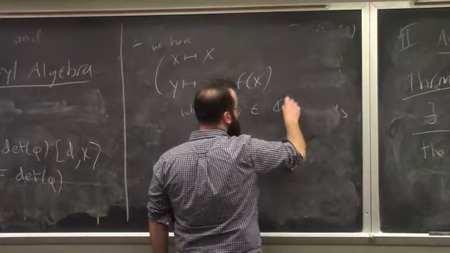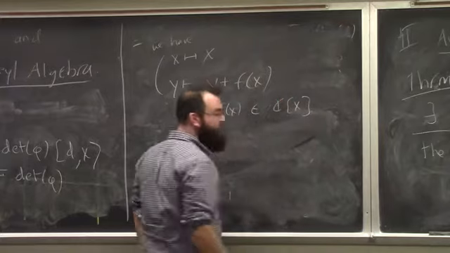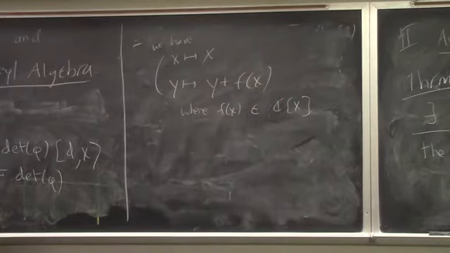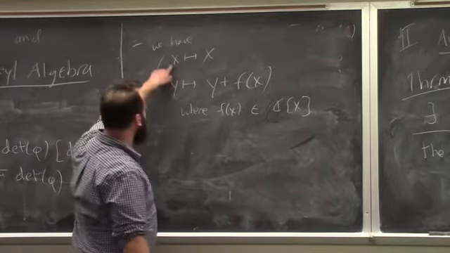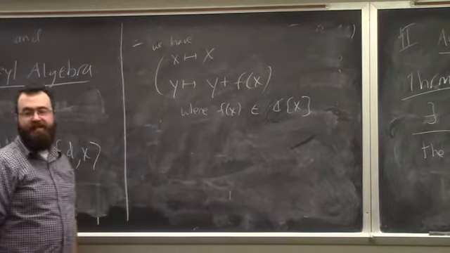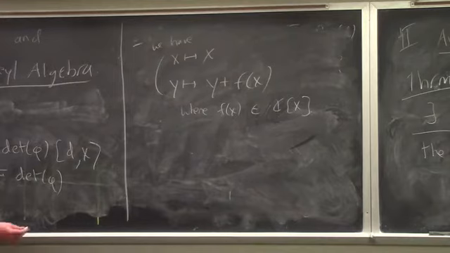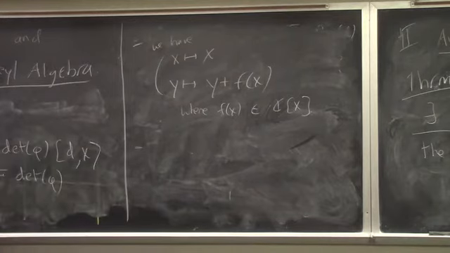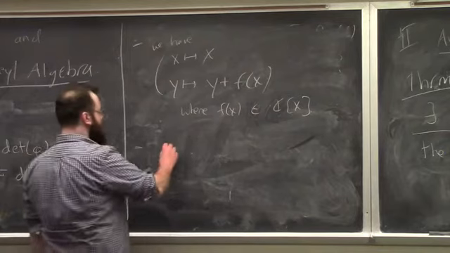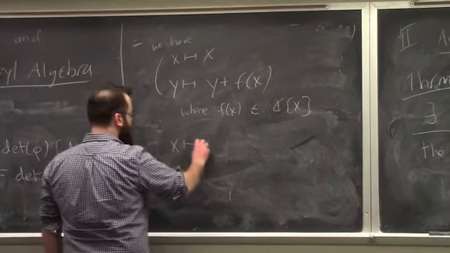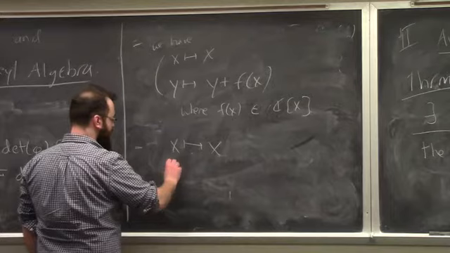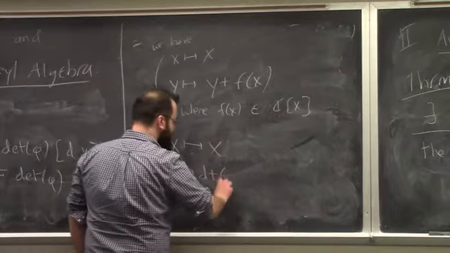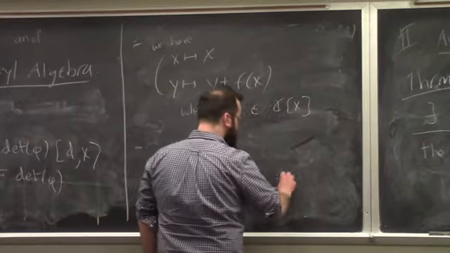The inverse to this is just X goes to X, Y goes to Y minus F of X. So that defines an automorphism of A2. And then he says, well, I can write down an automorphism of D1 that looks darn similar. Namely, we also have X goes to X, and D goes to D plus F of X.